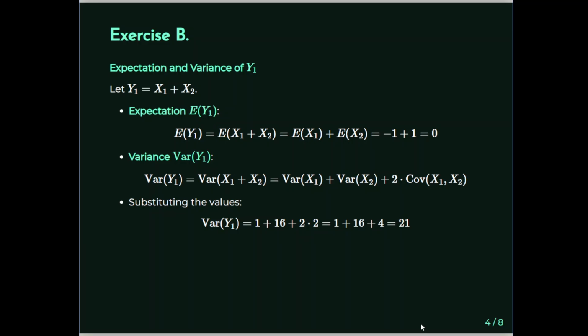That plus 2 times the covariance is because we're adding the variables, x1 plus x2. Substituting our values in, the variance of x1 is 1, the variance of x2 is 16, plus 2 times the covariance, which is 2. So 1 plus 16 plus 4 is 21. So the variance of y1 is 21.